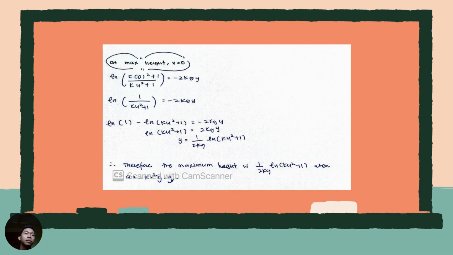That is from the question. So we substitute v with 0. So ln of k0 squared plus 1 over ku squared plus 1 is equal to negative 2kgy. So ln of 1 over ku squared plus 1 is equal to negative 2kgy.